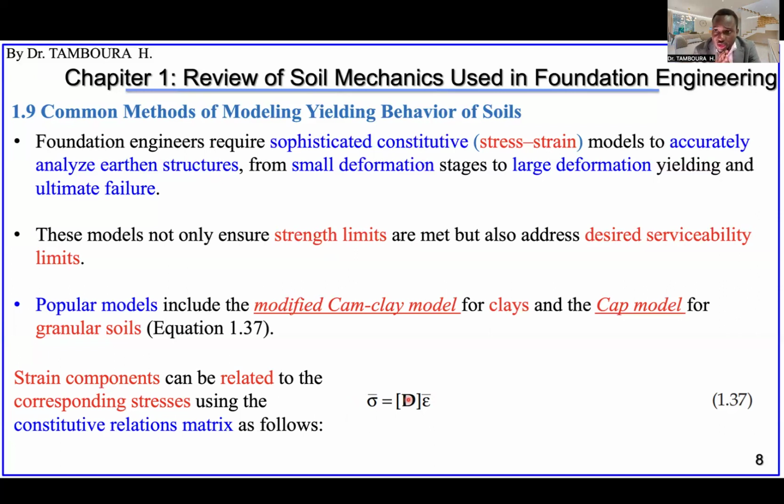All the models have the same idea, the same strategy, showing the relationship between stress and strain. The difference will be in this matrix, and whether it is 2D or 3D. So if you master this, you can create any software you want.